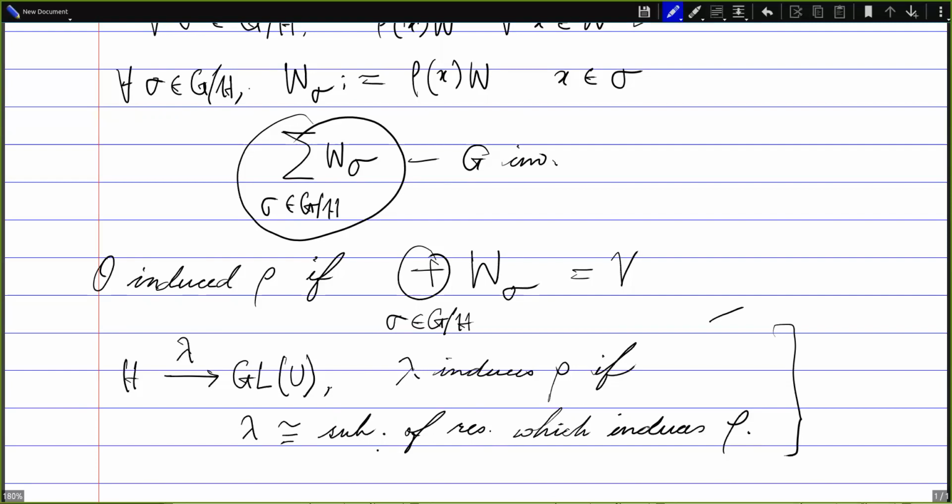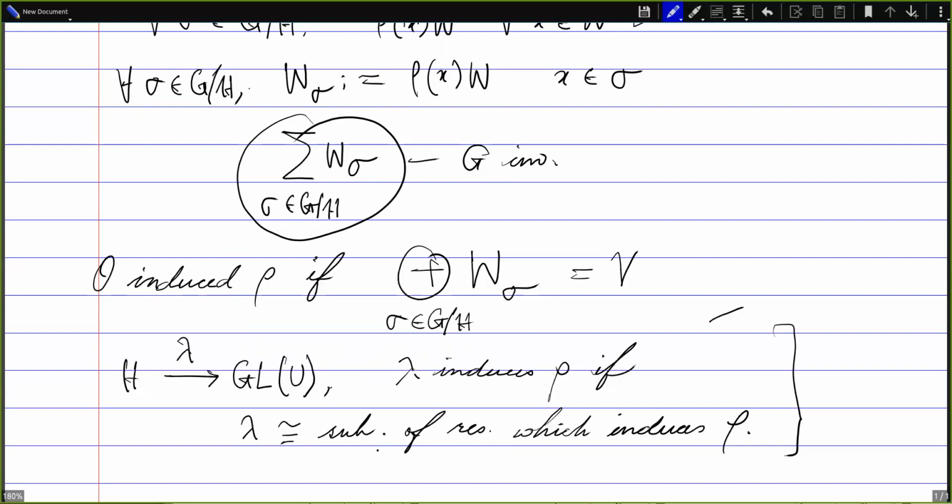So first we define when rho is induced by a subrepresentation of its restriction to H. Then we say that rho is induced by any arbitrary representation lambda if there is a subrepresentation of the restriction which is on one hand isomorphic to lambda, and on the other hand inducing rho.